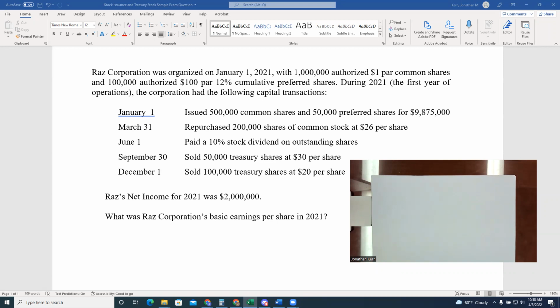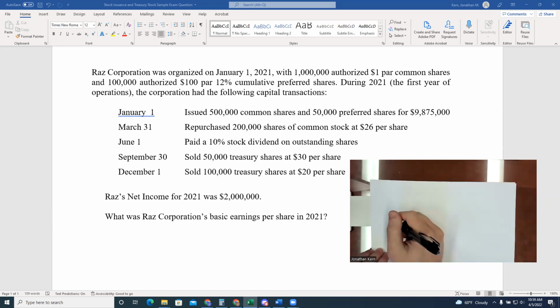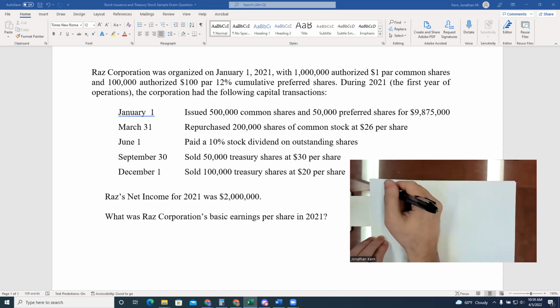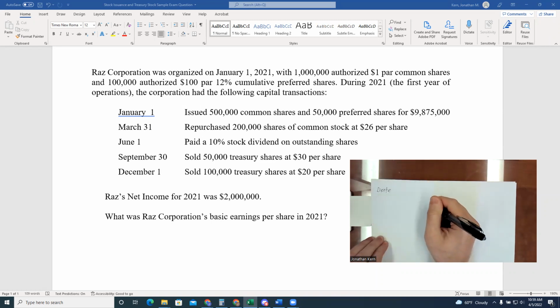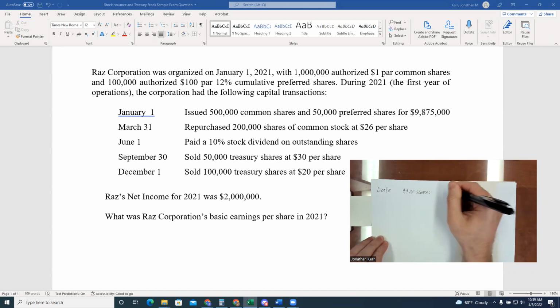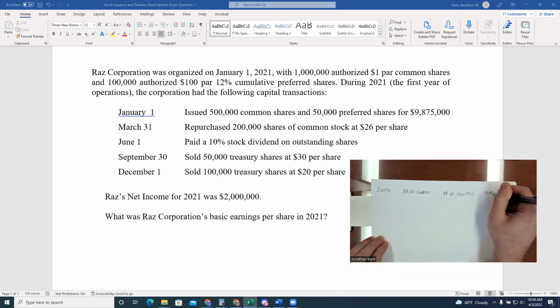We're not going to count the total number of shares. We're going to just track the changes and multiply the change amount by the remaining months in the year. So again, I'm going to have a date column, a number of shares column, a number of months column, and a weighted average column.